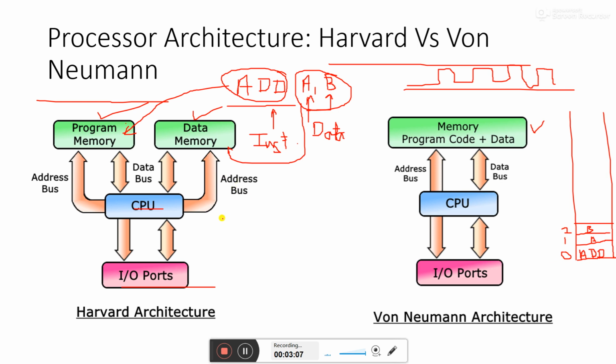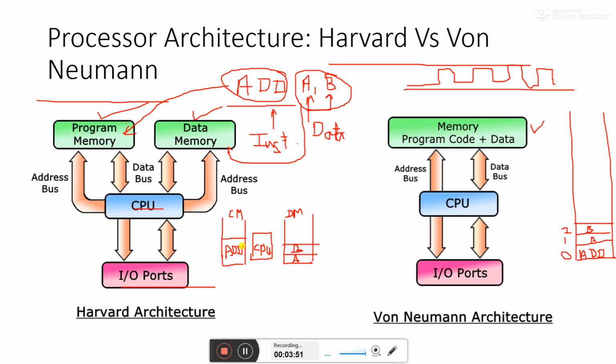While in the other case, there is a data memory and a code memory, so add will be in the code memory; I am writing CM for code memory and DM for data memory. So my data will be stored in the data memory. That is the CPU.